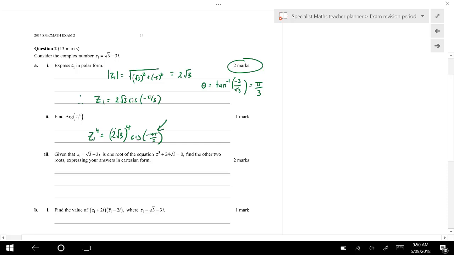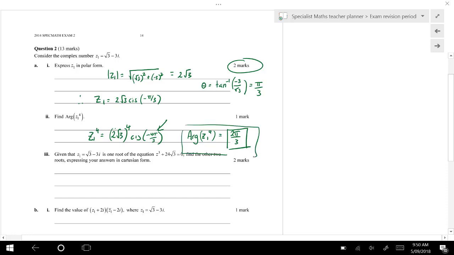No. So we need to add 2 pi to that. So arg of Z1 to the 4 is equal to minus 4 pi on 3 plus 6 pi on 3, which is 2 pi on 3. If you knew that straight away and could work it out, that's all you required. Write that down.